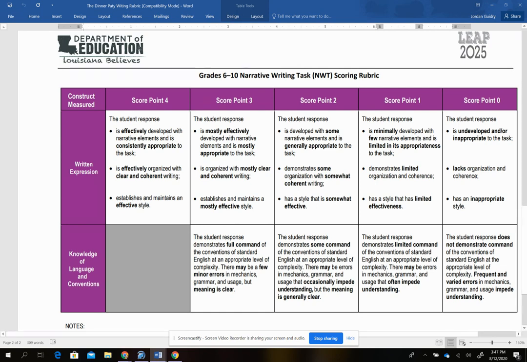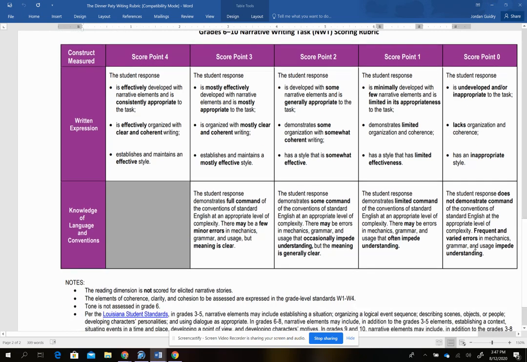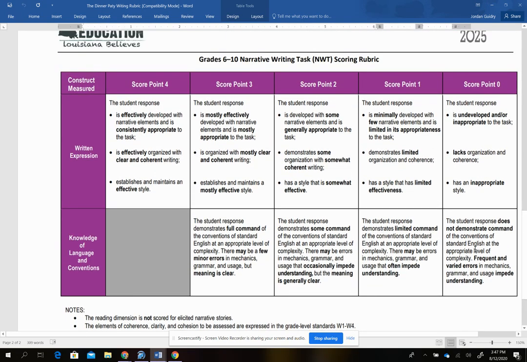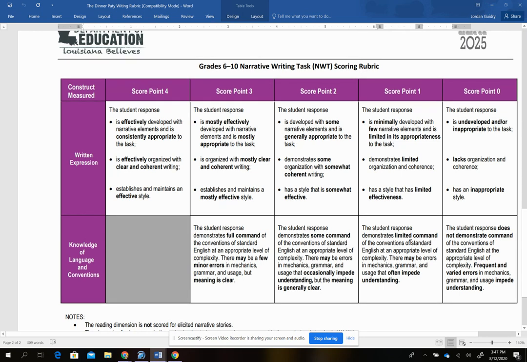Now, a score of a 0 is extremely hard to get, and this is if it's underdeveloped or inappropriate, lacks organization and coherence, has no style, and you do not proof your paper, or if you don't turn something in. Notice at the bottom it says the reading is not scored in elicitive narrative stories.